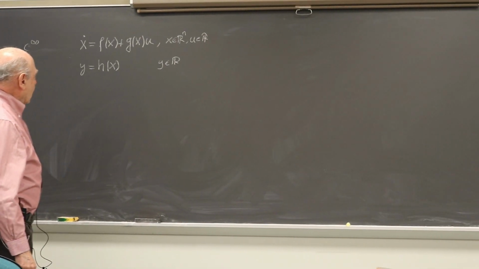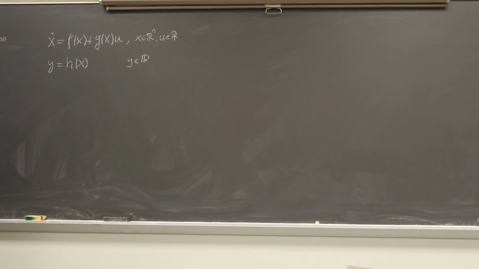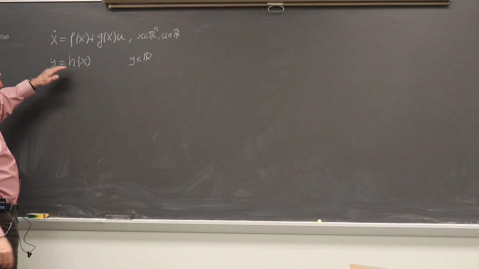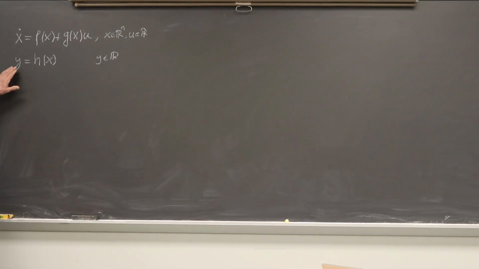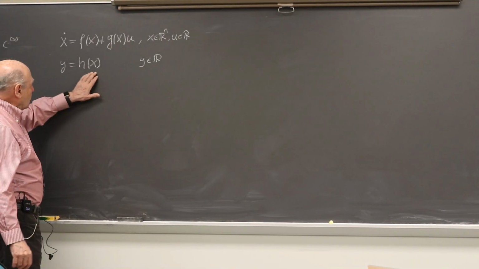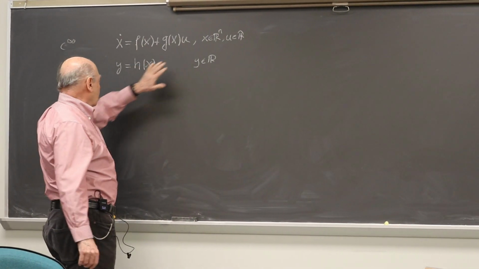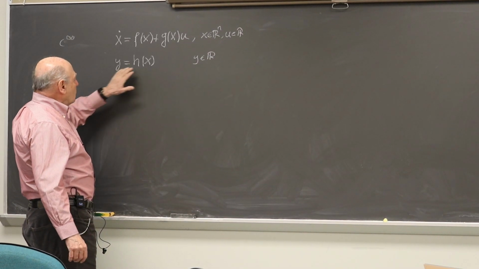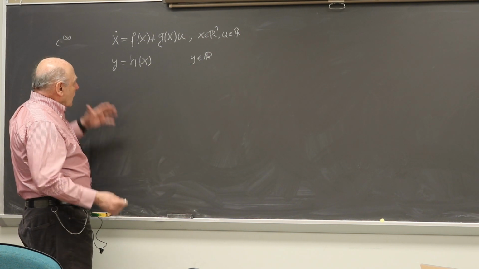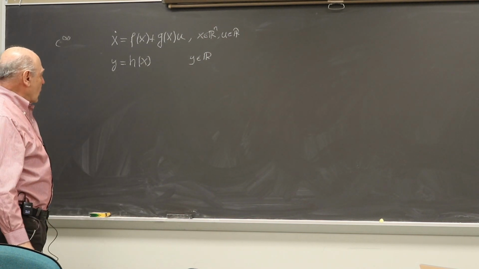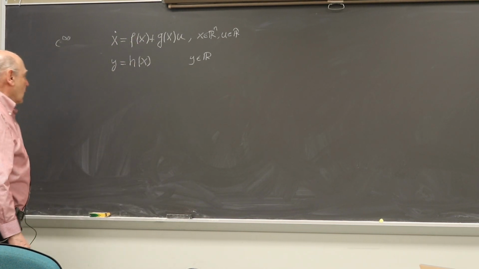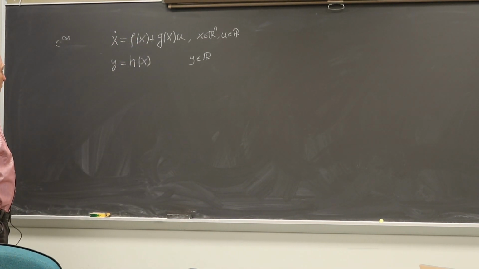So what we're after in flatness is to find, not, given an output, to see how many dimensions the system can be linearized, but given a system like this, which is linear in the control, can we find an output function which has a complete linear structure hidden in these coordinates and that can be exhibited under a change of coordinates.